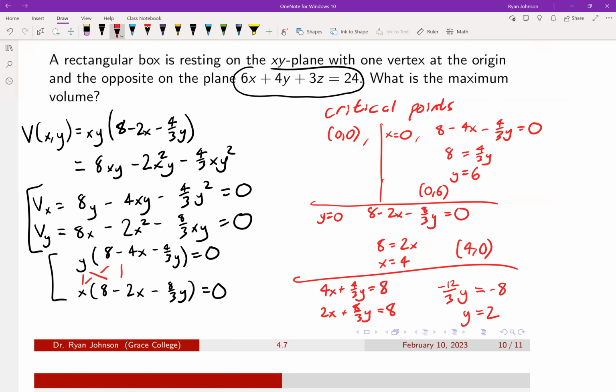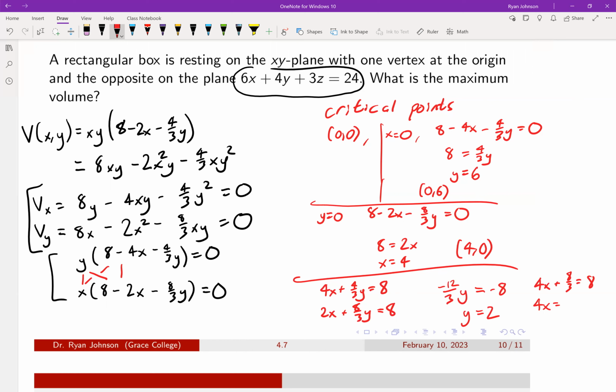Well, if I plug it into either one, then that means that 4x plus y equals 2, so 8/3 equals 8. So then that means that 4x equals 8 minus 8/3. 8 is like 24/3.